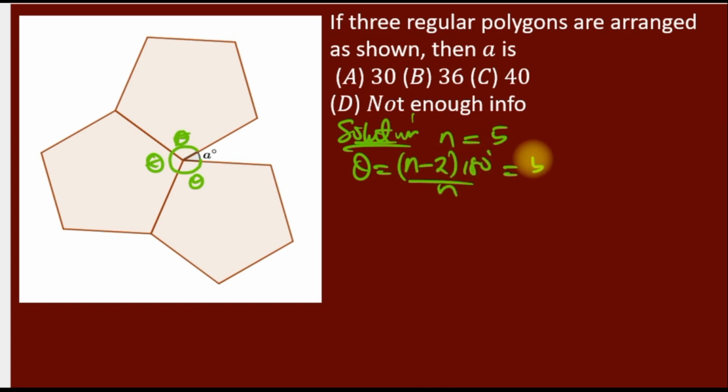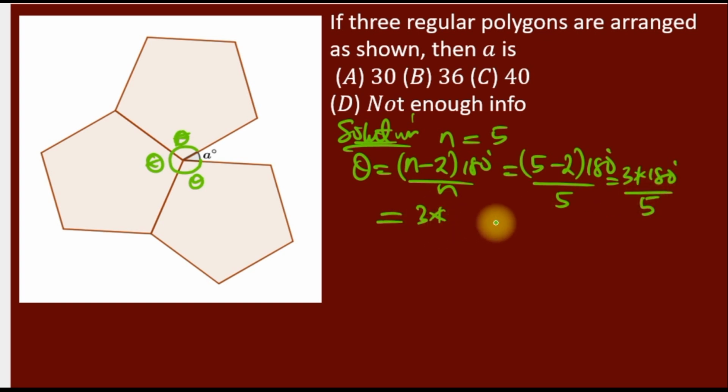In this case, we have 5 sides, so we have 3 times 180 over 5. Which is 3 times 36, so we have 108 degrees. So each of them is 108.